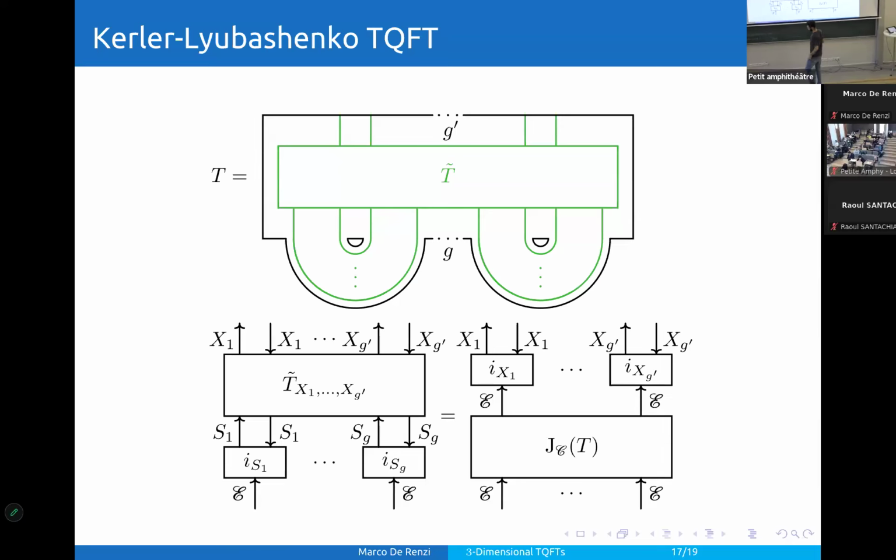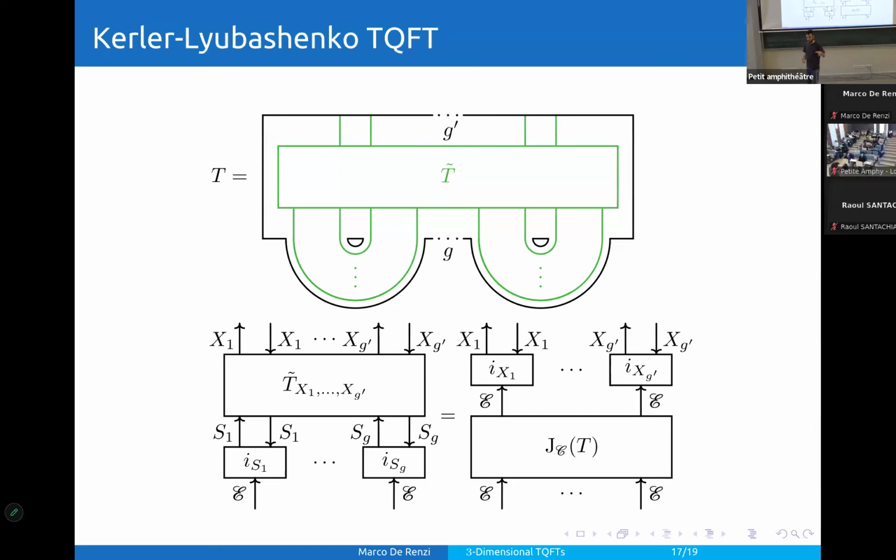And you can choose arbitrarily labels x1 until xg prime, given by objects in your category C, to attach to all the strands. Each is attached to the corresponding strand. And what you get by restricting to T tilde is a morphism that has this as a target and has some source which is determined by whatever goes inside the one handles.